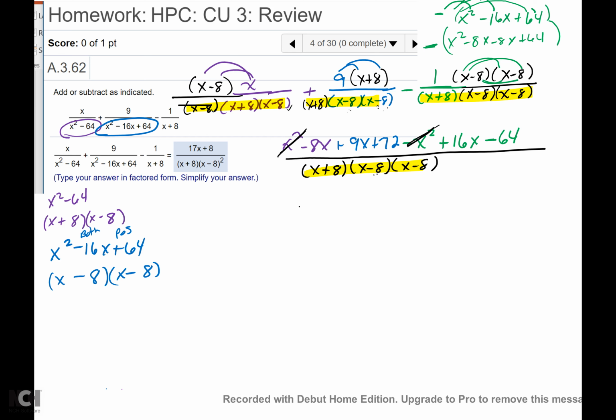Yeah, that's right. So 17x, and then I have 72 minus 64, which would be positive 8. And on the bottom, I have x plus 8 times x minus 8 squared. I can't factor this, and it wouldn't factor into one of these anyway to cancel, so I am done.